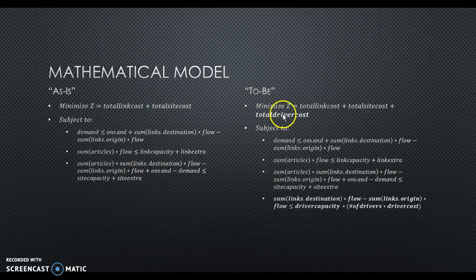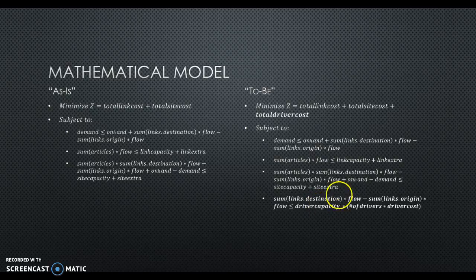I'm going to add a total driver cost. I changed it a little bit in my model, but what I did was a cost function: cost times my flow times how much I have to pay per driver times 0.3, so 30 cents a mile.